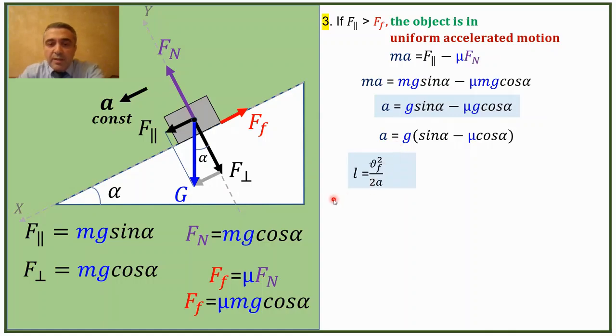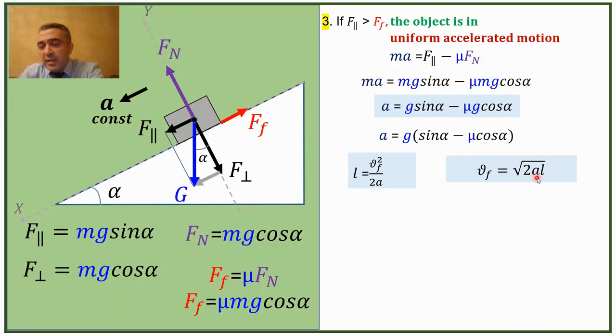You see that acceleration is g sine alpha minus mu g cos alpha. And in order to find the final velocity of this object, if the object is freely going down, the initial velocity equals 0, and we can find it from these equations: final velocity equals the square root of 2 multiplied by a multiplied by the length of the slope, the length of the inclined plane.